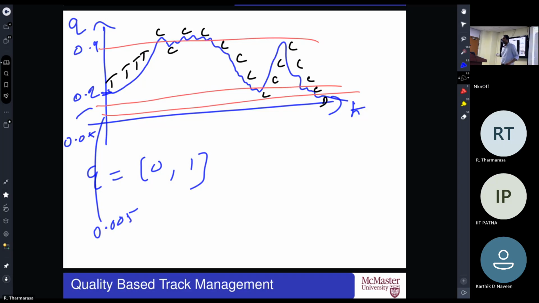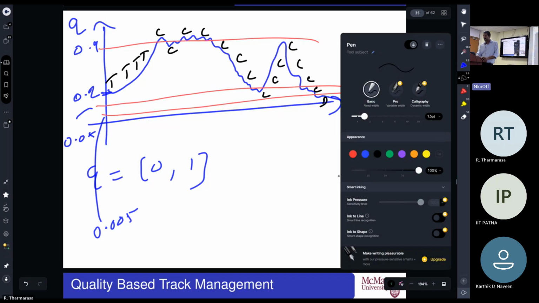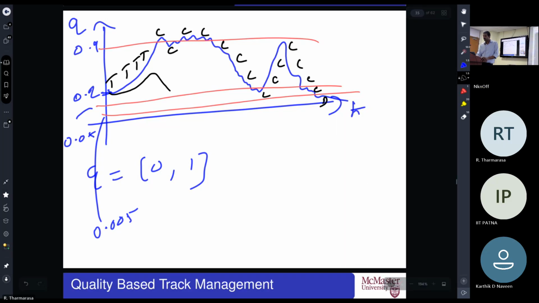But if another track goes like this, then it is tentative, tentative, tentative. So I have two different levels, and this one is usually higher than this one. If it's tentative and it goes below this, I will terminate it at this point. But if it's confirmed, then I will wait until it goes below this one and terminate it there. Is that clear?